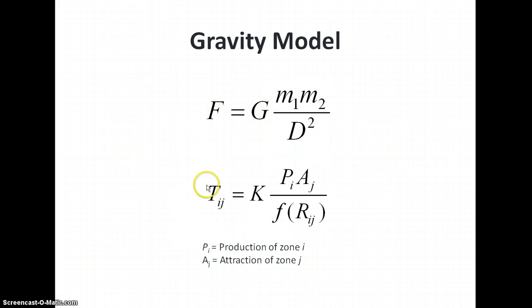So in this gravity model for trip distribution, we just change the mass of body 1 into the production of zone I and the attraction of zone J, divided by the separation factor, either distance or travel cost or travel time, and this value of K we can calibrate using the data collected from the site.